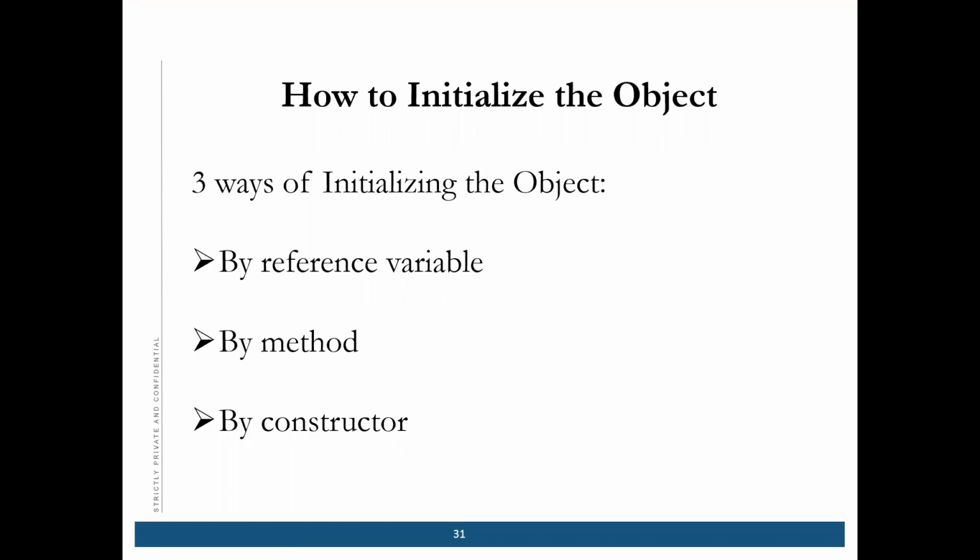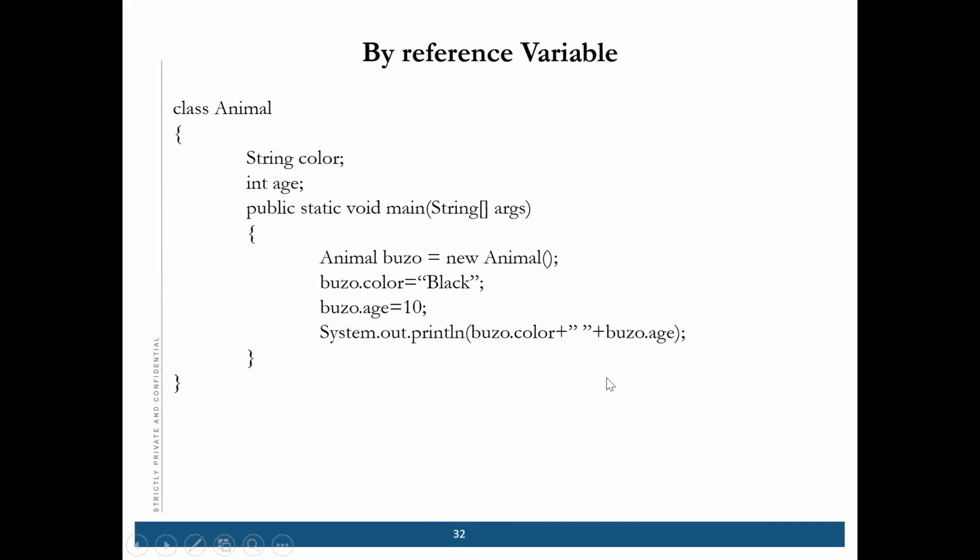Passing the values through the method. Like in the method we will initialize, we will reference and then again we will initialize in the method. Good. Okay. We initialize the object so that we can use the class variables and methods. Correct.